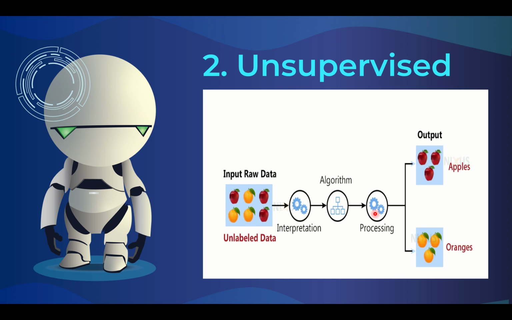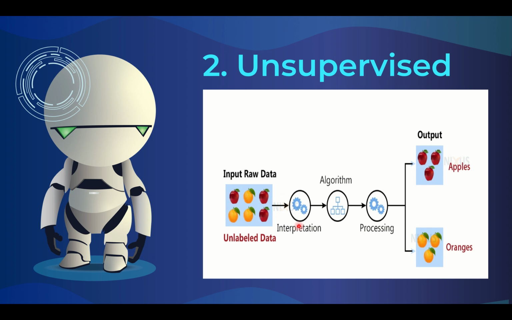In unsupervised learning, as I already explained, we are using unlabeled data. From the picture you can see that it is unlabeled data. We did not provide any information to the model that it is an apple or an orange. You can see here are only pictures, but we did not define the things.